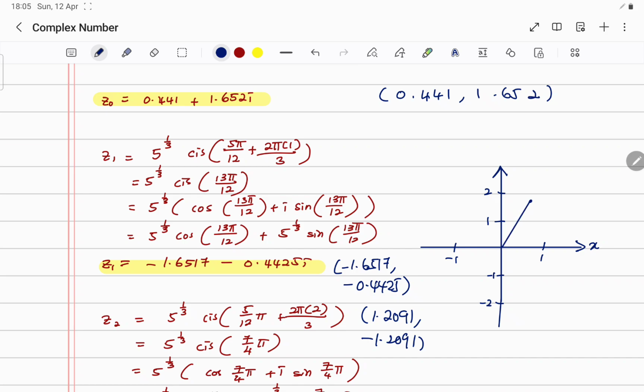Another one you want is negative 1.6517, negative 0.4425, maybe around here.